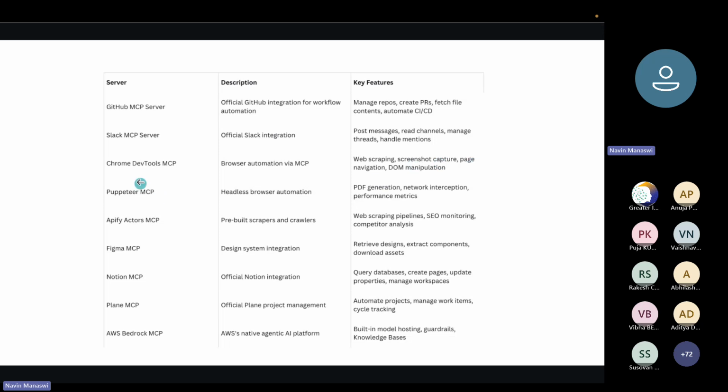So you will get a lot of tools on this server regarding web scraping and screenshots. Based on your agent's task, we decide which MCP servers you want to go for, or maybe you need multiple servers as well. Chrome is good at web scraping and screenshot capturing, and Notion is better at querying databases and creating pages. So there are many tools, and you can use one of the servers to manage your agentic AI system.